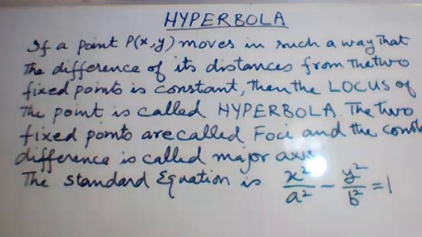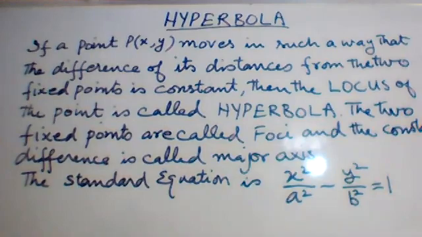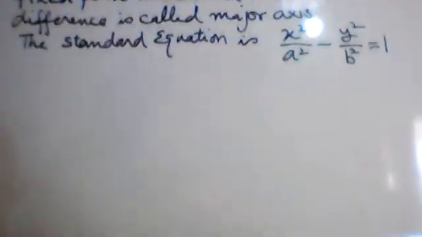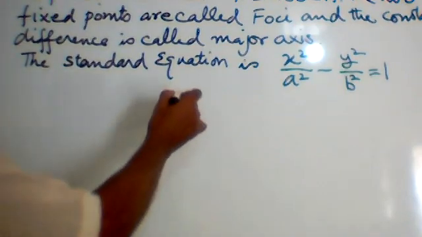So there are also two foci and two vertices. The shape, this will be the shape.